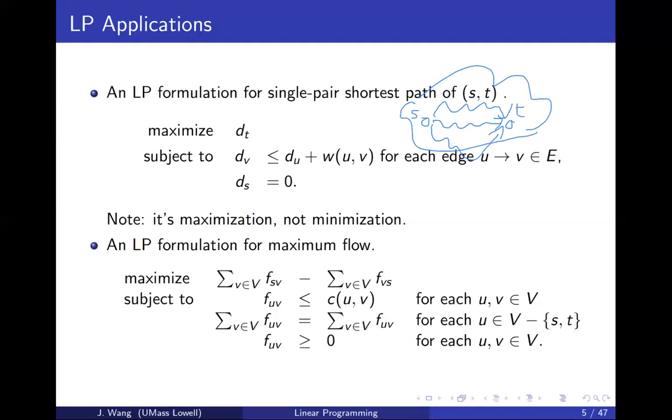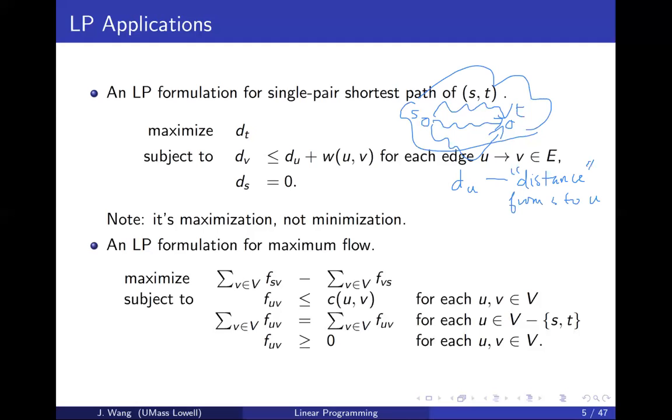In order to formulate this problem as an LP problem, we need to first define variables. We let du be the distance from S to U. Of course, for each given path, you would have that distance.